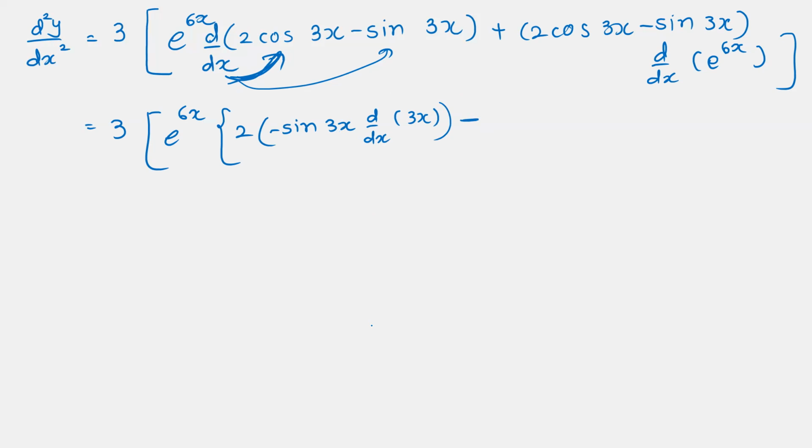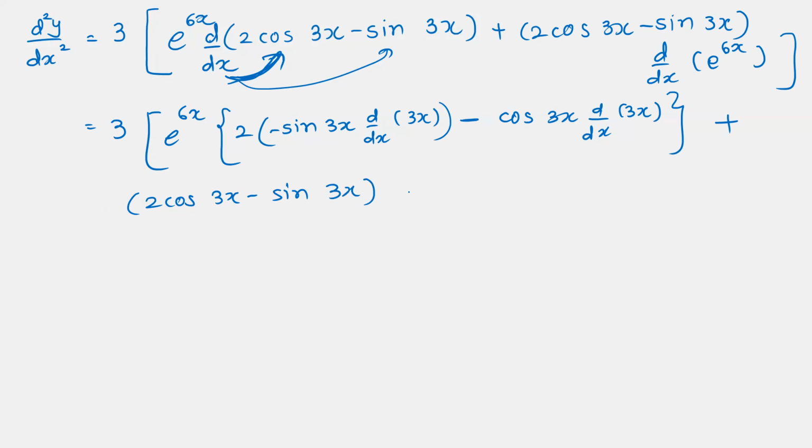Minus sin 3x, but again we have to apply it for the angle. Plus 2 cos 3x minus sin 3x as it is. The differentiation of e to the power 6x is e to the power 6x, but the chain rule says that you have to apply it for this power also. 3 is out.